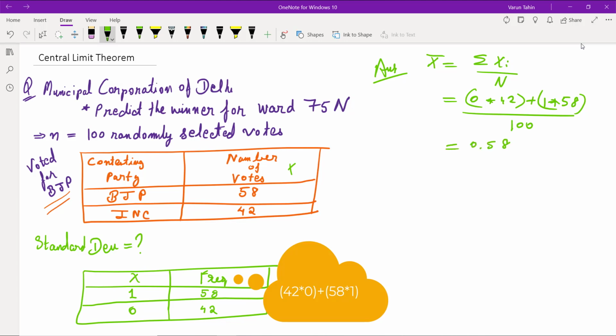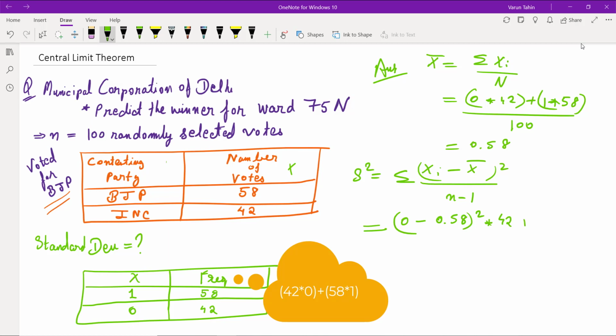Now as per the question, we need to find the standard deviation also. So for this, we have to calculate the sample variance first, which is S square equals summation of Xi minus mean square divided by n minus 1. Now when we look at this closely, for INC it will be 0 minus 0.58 whole square into 42 times, because all the entries of 0 will have a subtraction of the mean and will be squared and multiplied by the number of entries, which is 42 in this case.